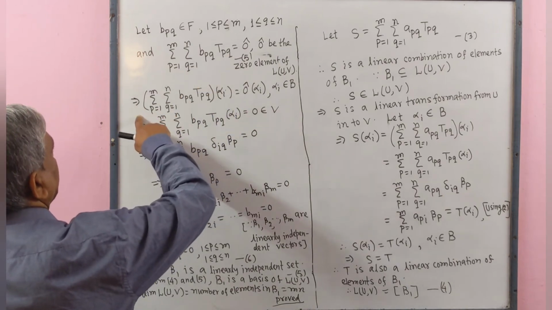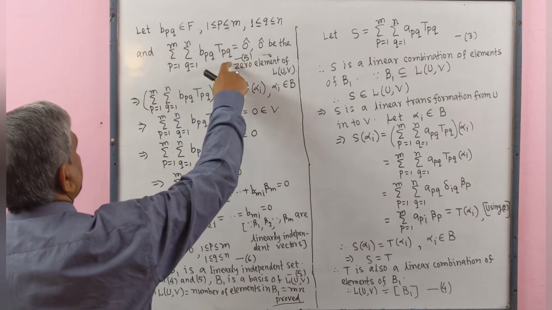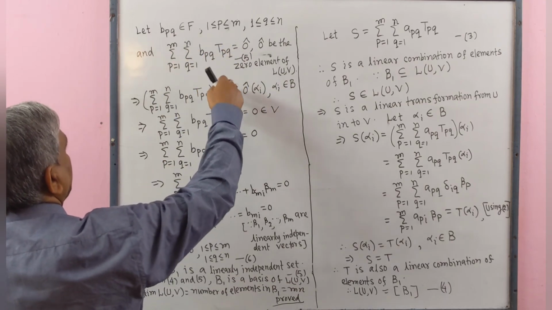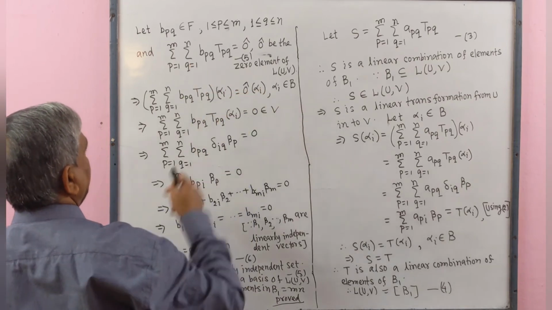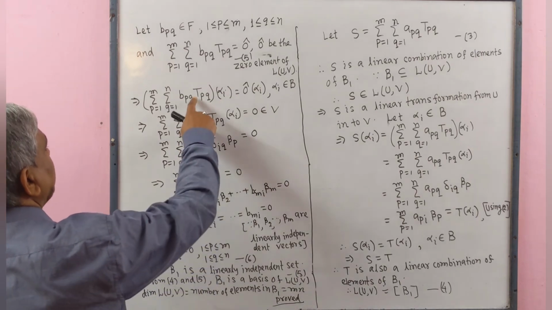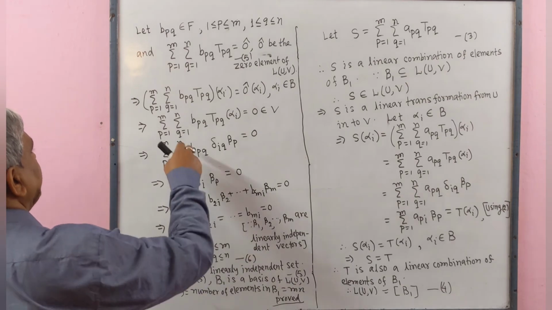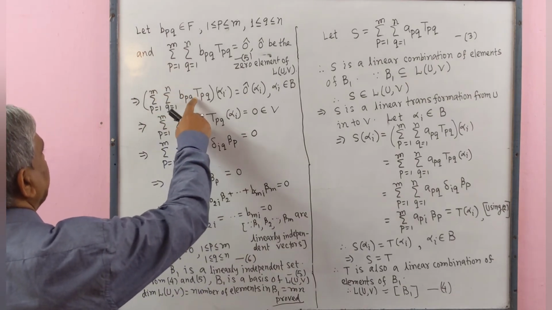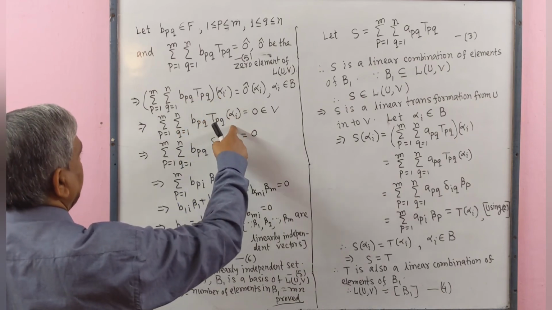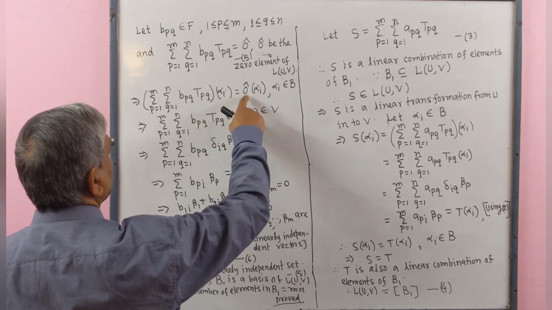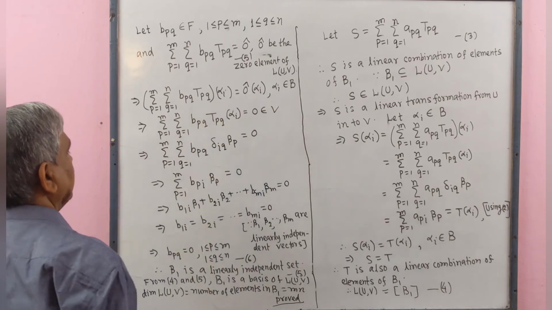This implies that we take this linear transformation at alpha I, and this side also at alpha I. Since TPQ is a linear transformation, we may write sigma of BPQ and TPQ alpha I. Here the zero linear transformation at alpha I equals the zero vector of V.